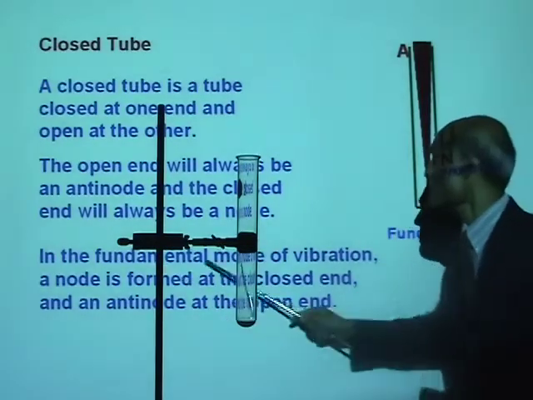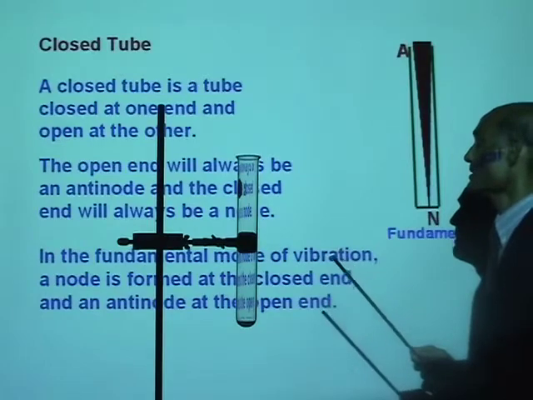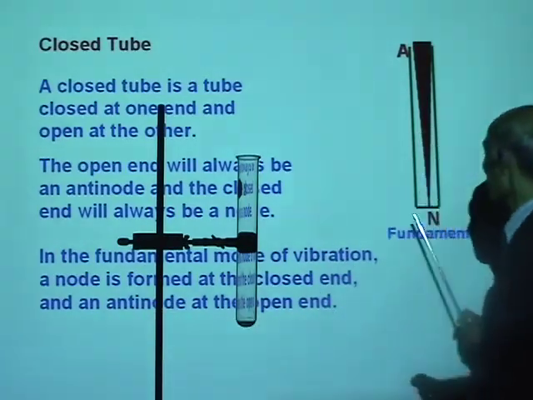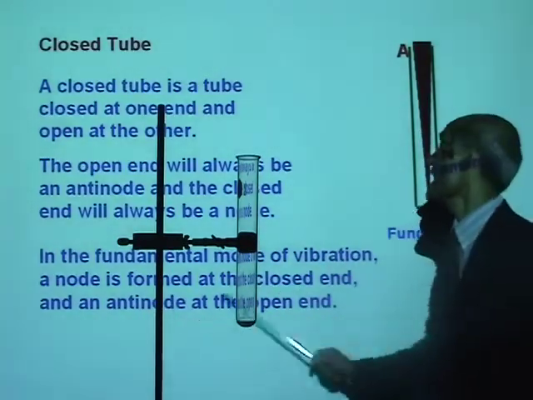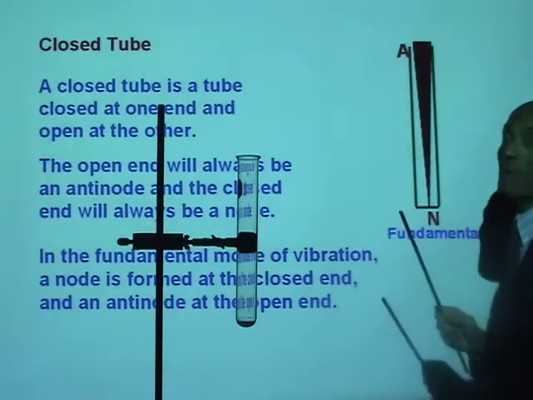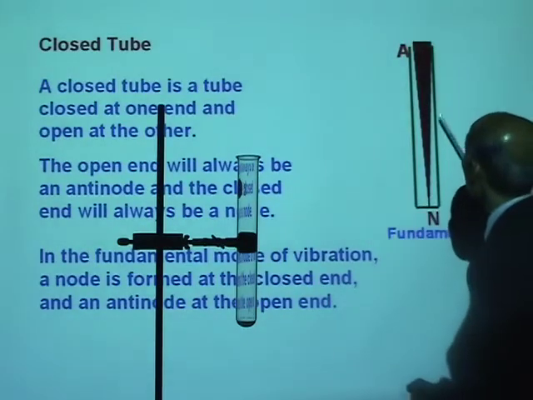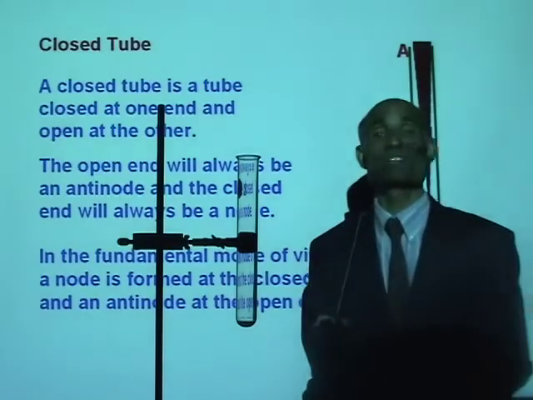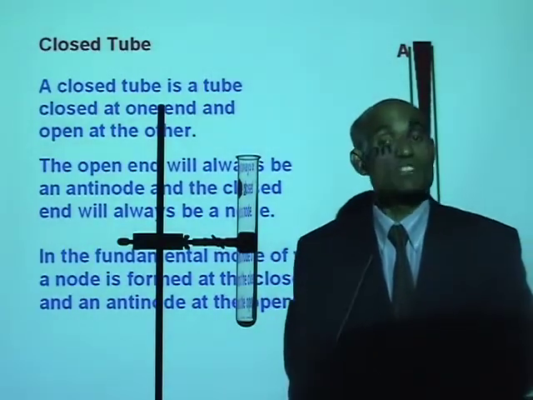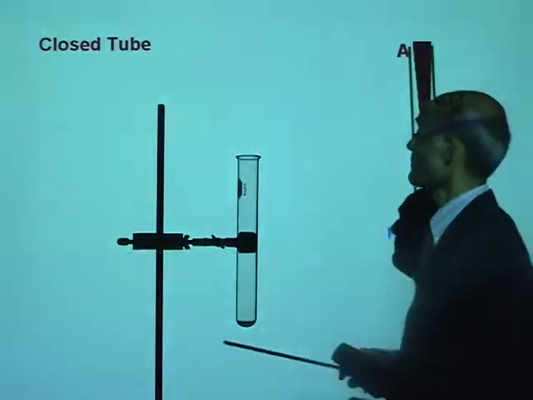And in the fundamental mode of vibration, a node is formed at the closed end and an antinode is formed at the mouth. So this is the fundamental mode of vibration for air inside a closed tube.